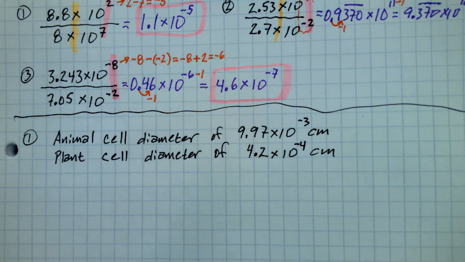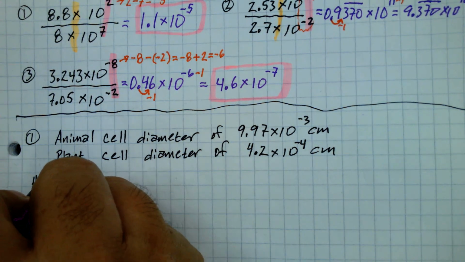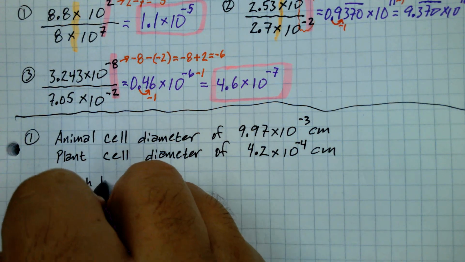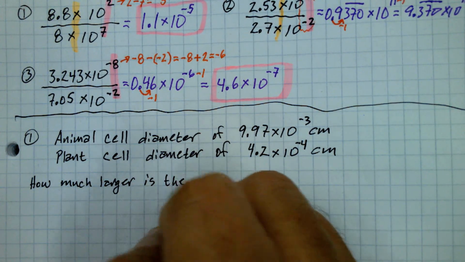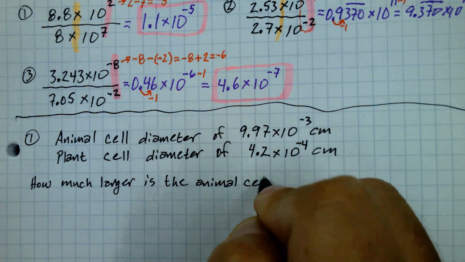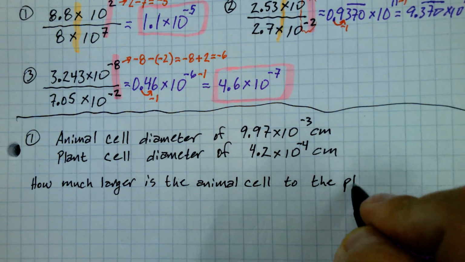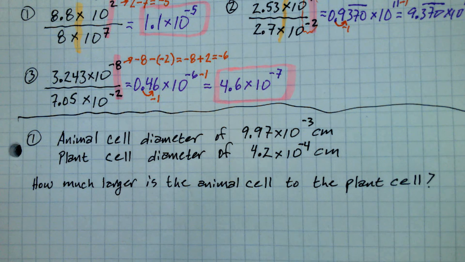And the question that we're going to answer is, how many times larger is the animal cell to the plant cell? I'm just going to say how much larger. Here's the catch.